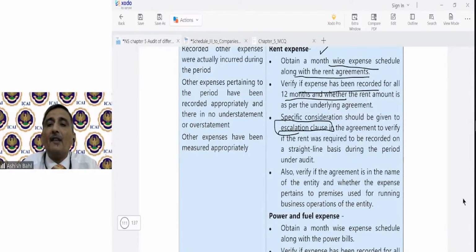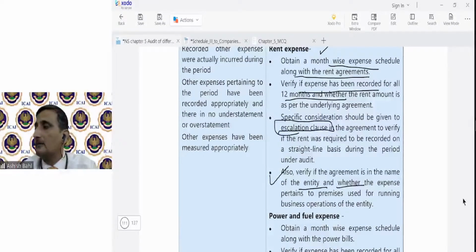Okay. Verify the agreement is in the name of the entity. So that is important. If you are booking an expense in the name of the company, obviously the rent agreement should be in your name. It should be between the company and the landlord, the person who has given the premises on rent.